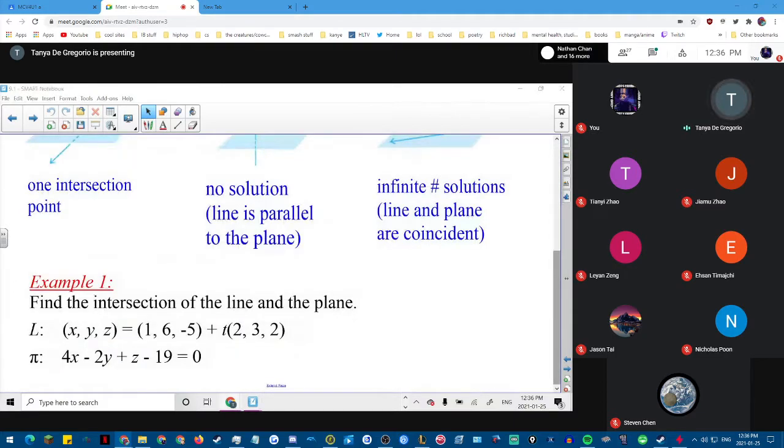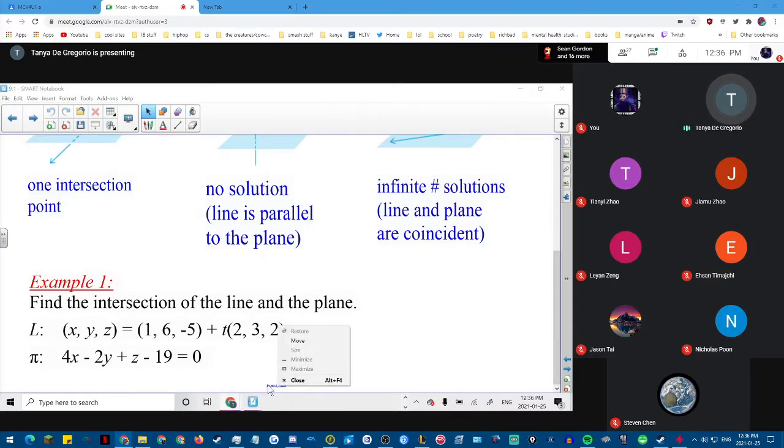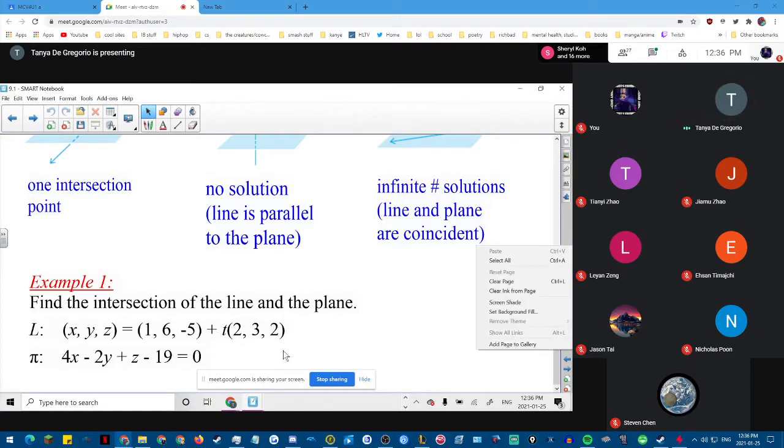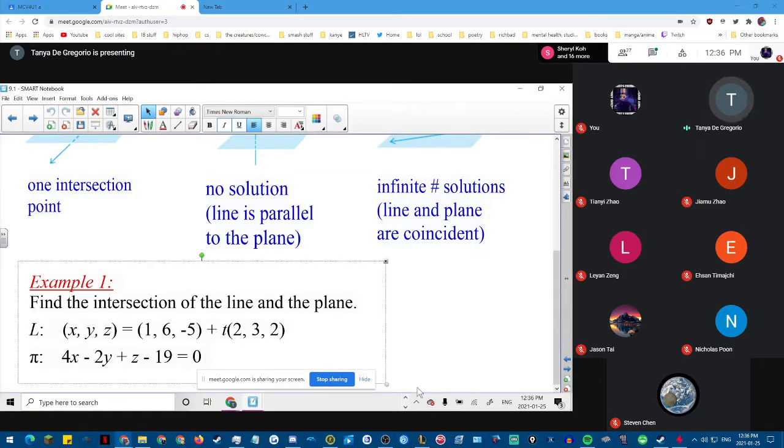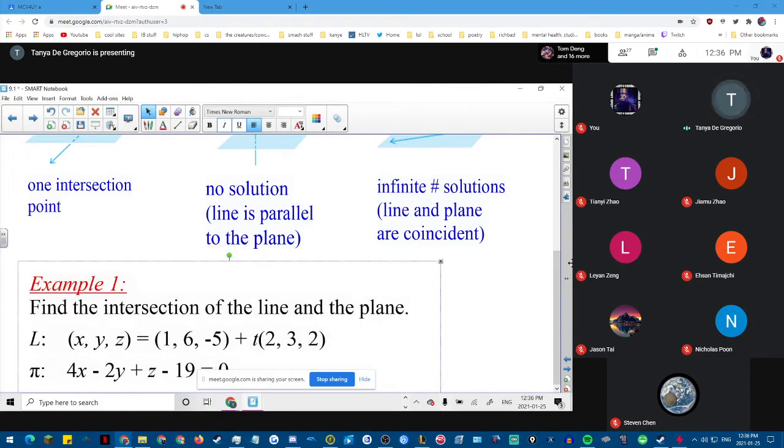I don't know why I can't, having issues here. Hold on. Good. You're going to get a t value. And then once you have a t value, what are we going to do from there? You know what, guys? It's not allowing me. Let's see if I can do it this way. Okay, hold on. I'm going to try closing this file and opening it up again. Give me a sec.